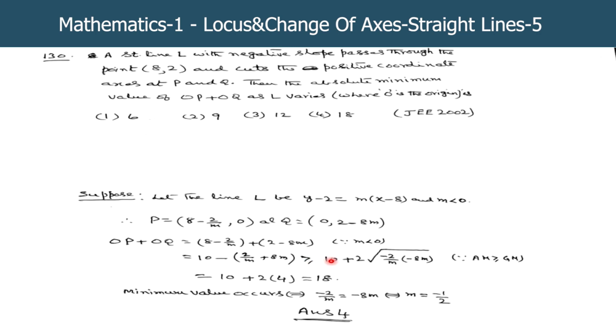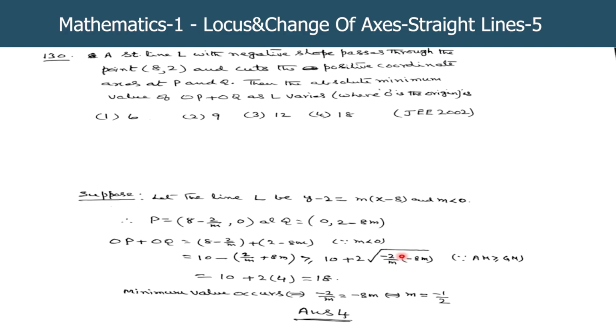That is greater than or equal to 10 plus 2 into the square root of (minus 2 by m) into (minus 8m), because you know that the arithmetic mean of positive numbers is greater than or equal to their geometric mean, and equality occurs only when all the numbers are equal. So here minus 2 by m is positive, and minus 8m is positive.